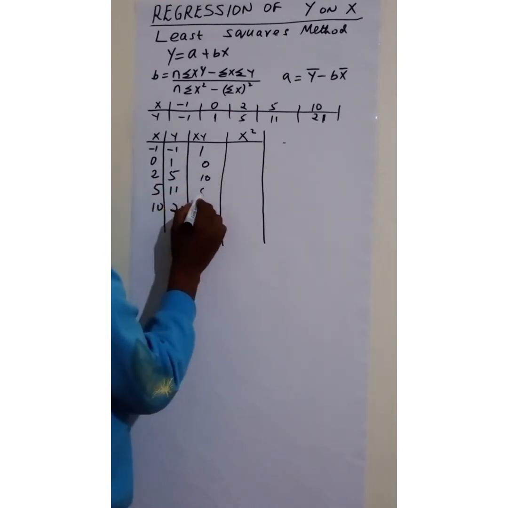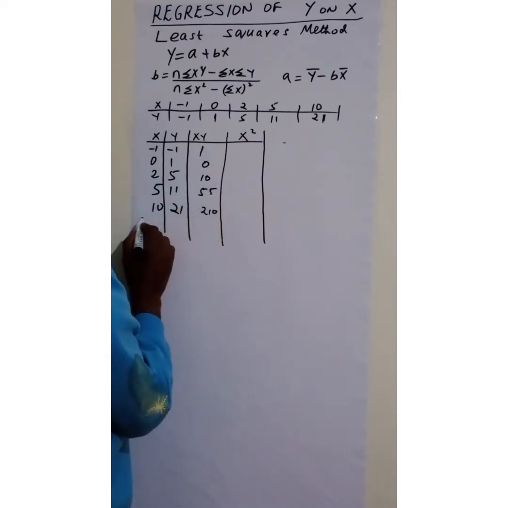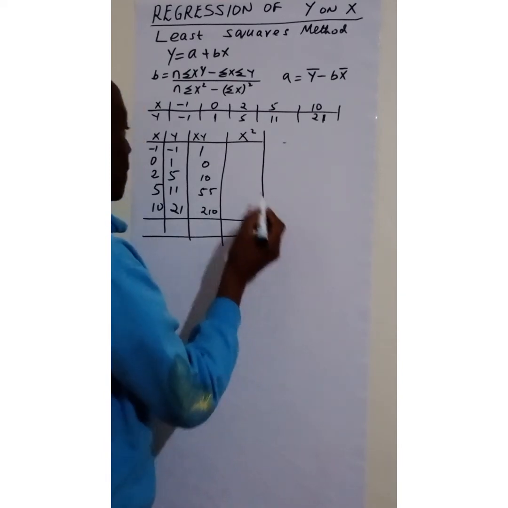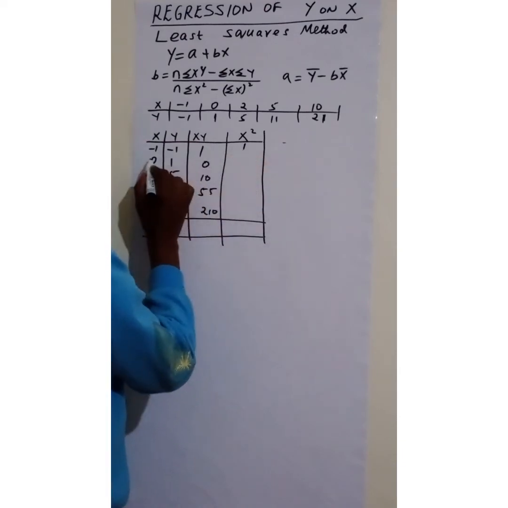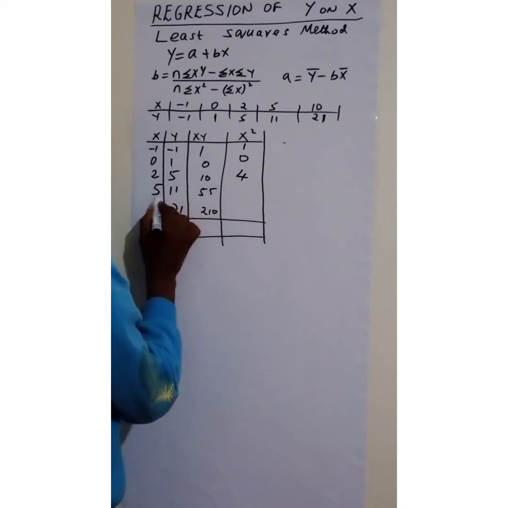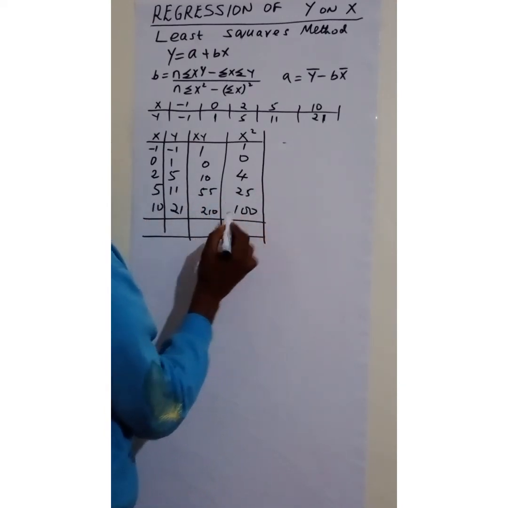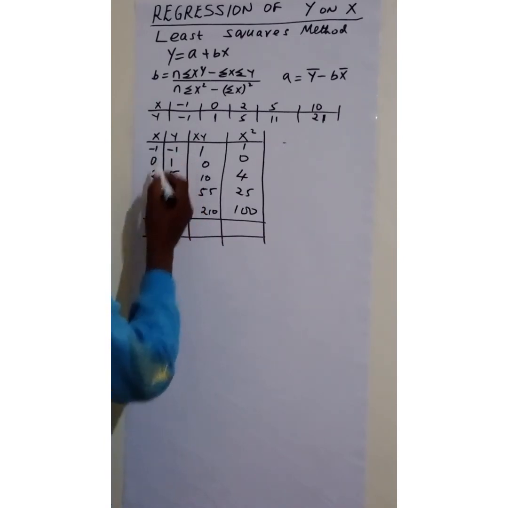This times that is 55. This times that is 210. x squared means the square of these values: 1, 0, square of that is 4, square of that is 25, square of that is 100.